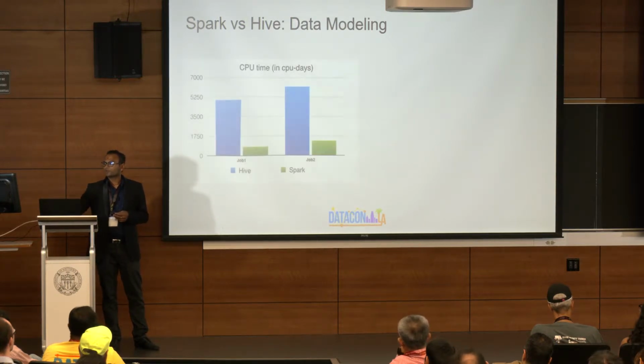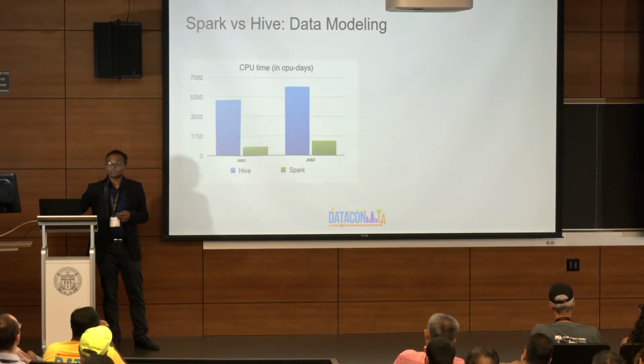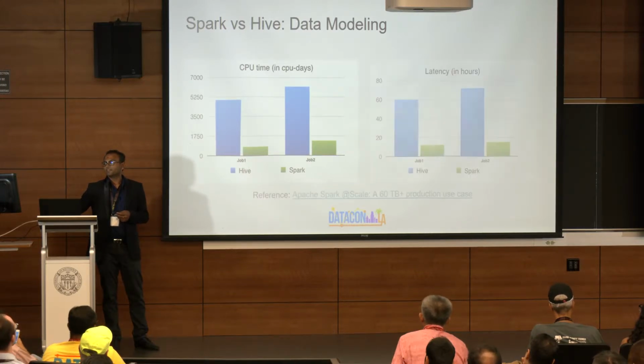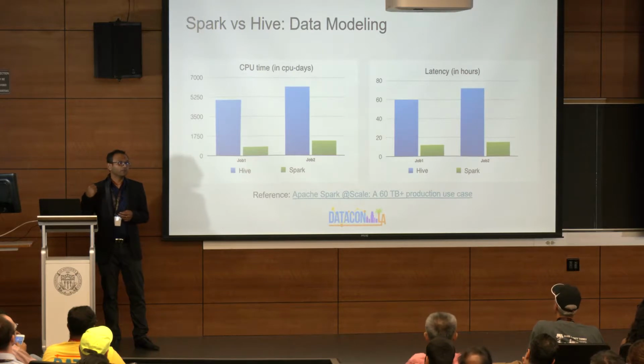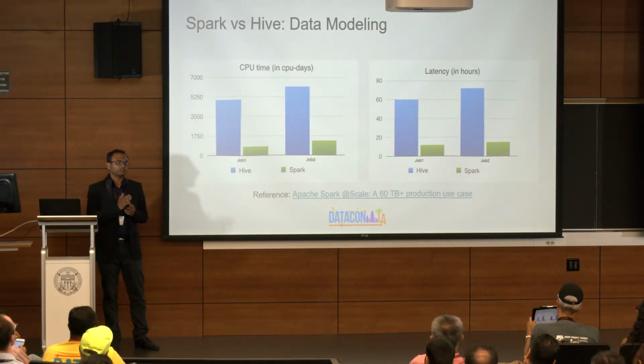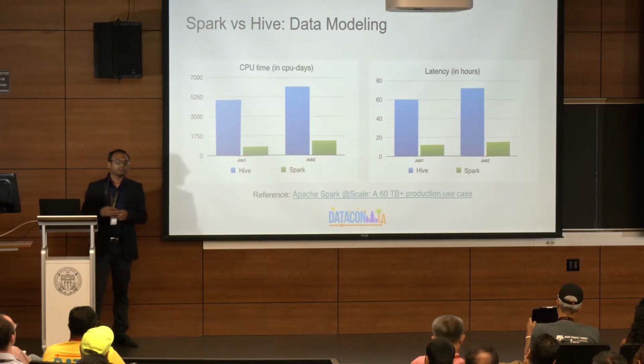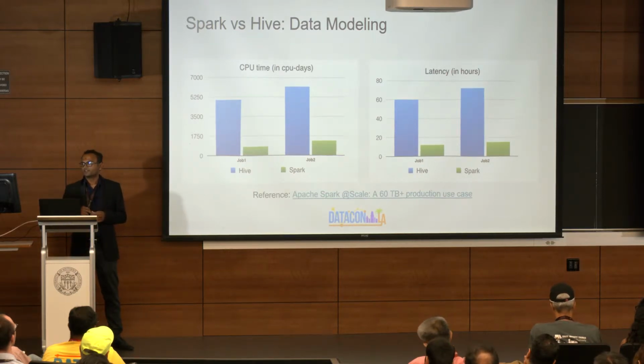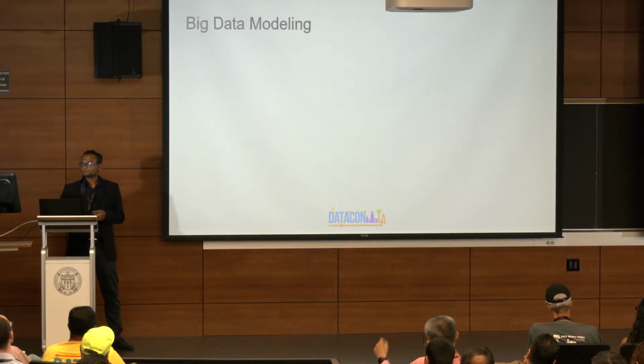I'll not go into much detail, but these are some of the performance numbers that Facebook published in 2014 when they implemented Spark with one of their complex data models at 60 terabyte plus scale in production. That was in 2014. Now, after 5 years, it is much more capable and can do even larger things. It offers a bunch of benefits in terms of performance, CPU time, and query response as well.